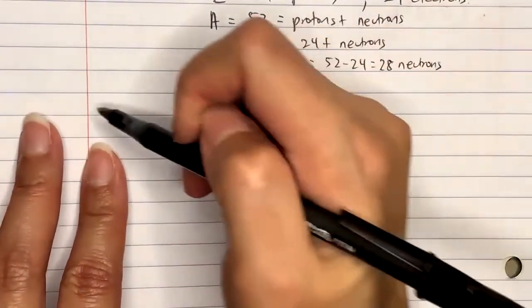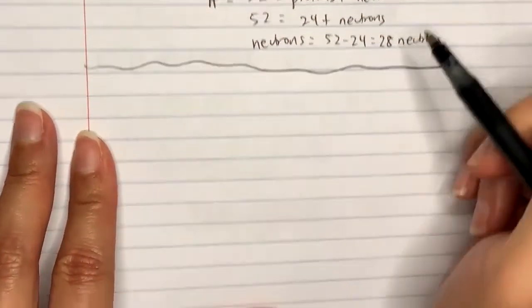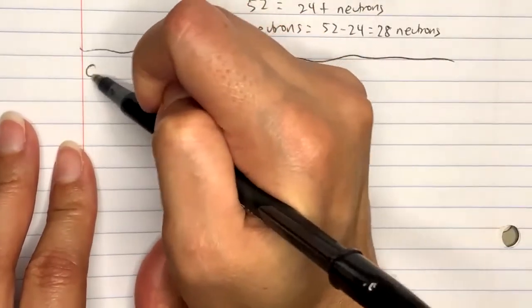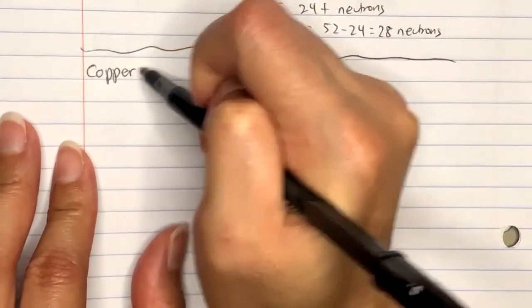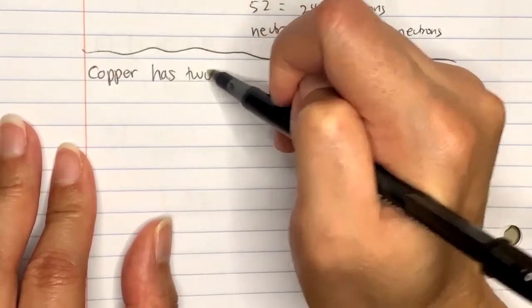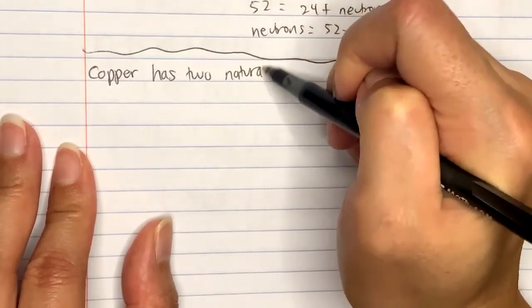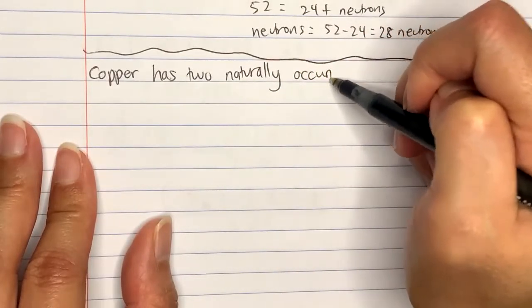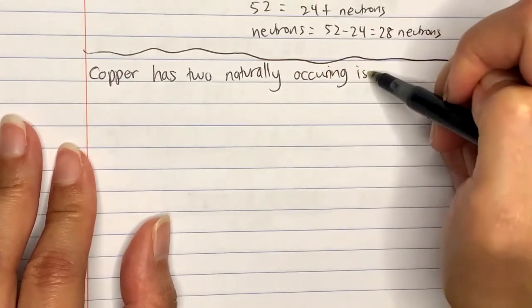All right, the first one we want to work on, we're going to talk about copper. Copper has two naturally occurring isotopes.